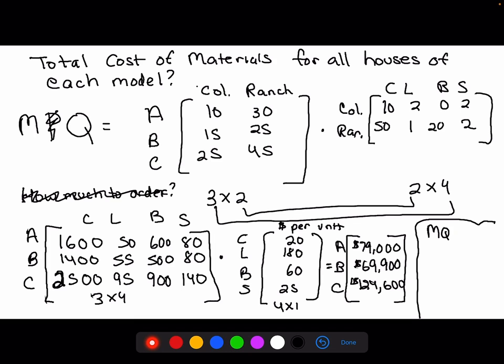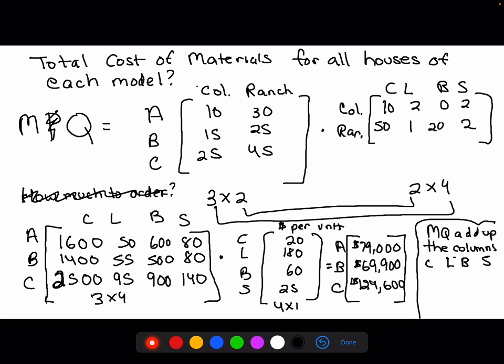And you can add up the columns. And that'll tell you just how much of each you need. So how much concrete, how much lumber, how much brick, and how much shingles.